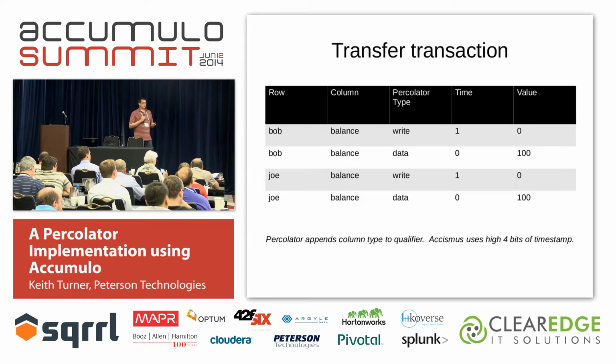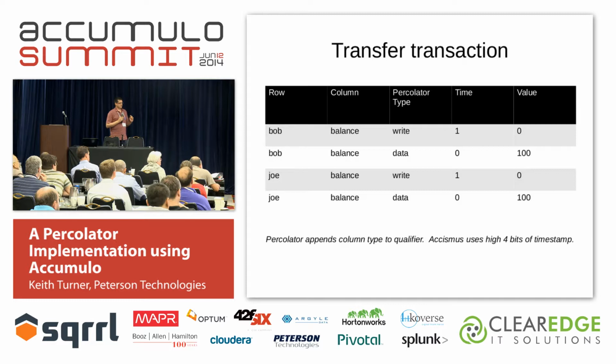If you read the Percolator paper, they talk about how, for every row column, Percolator has its own set of columns. I think in the paper they just appended these to the column qualifier. I couldn't do that in Accumulo because that would have resulted in appending something to the column visibility, and I can't just append random things to the column visibility expression.